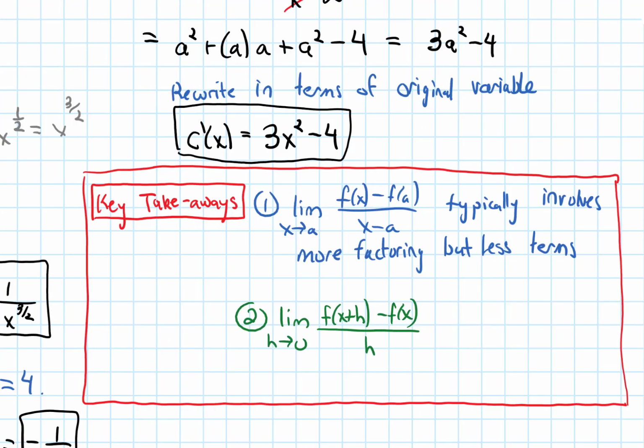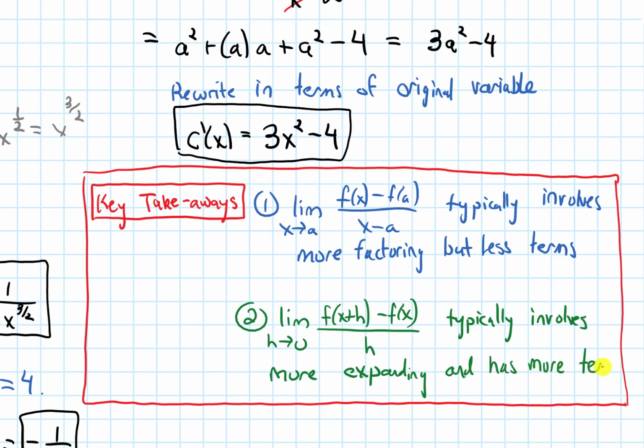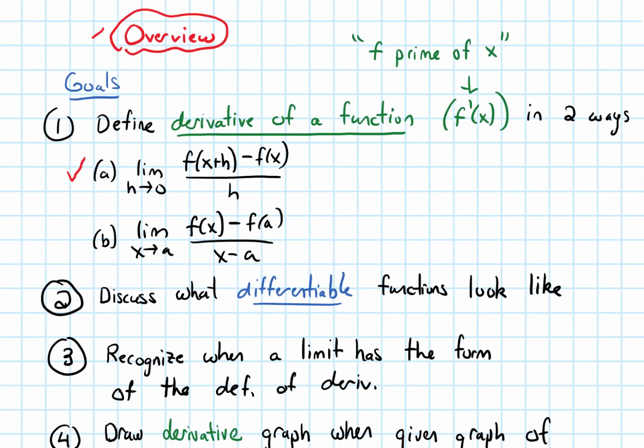So this other form, the first one we learned, this typically involves more expanding and has more terms. In terms of our goals, we've now talked about how we can use the second form for the definition of the derivative, this limit as x approaches a.